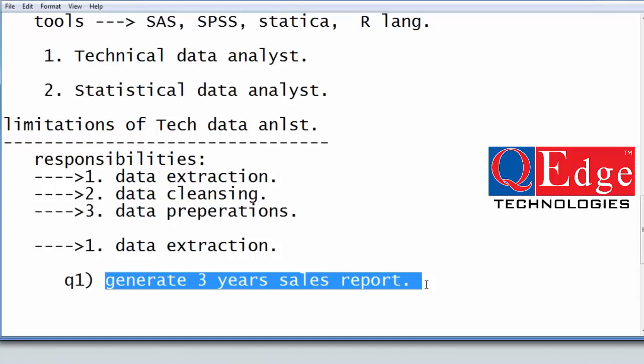Once again, I repeat the question. I am asking for a 3 year sales report, that means the complete recent 3 years of data we want. So the required data is internal to the organization or external to the organization?